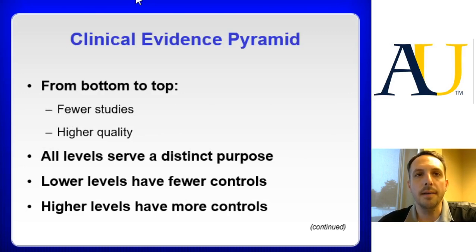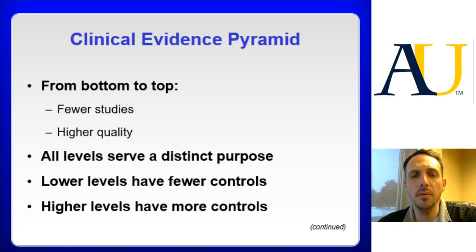So those are the 5 steps that are often described. The next component in this introductory lesson from Rob and Craig is to understand this idea of the clinical evidence pyramid. And this really goes back to step 3 as far as critically appraising the literature.